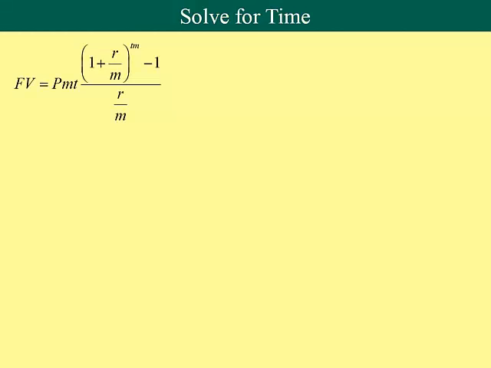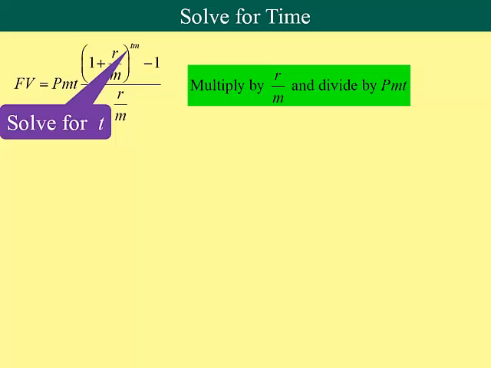Now I'll solve for time, and that's way up here in the exponent. If you've caught on, we have to go to logarithms somewhere. However, taking this a little bit at a time, we'll multiply both sides by the R over M to get rid of the R over M in the bottom of this fraction, and then we'll divide out the PMT.